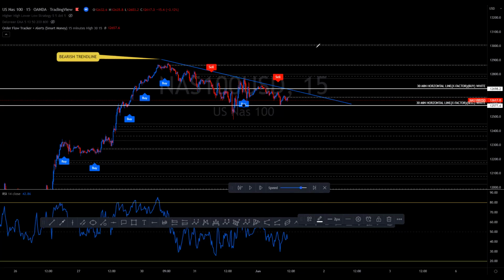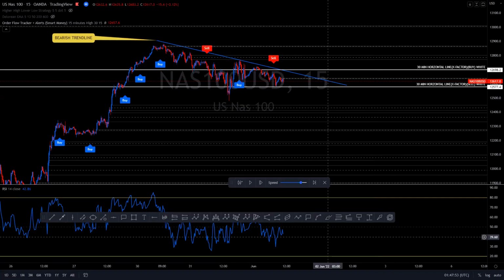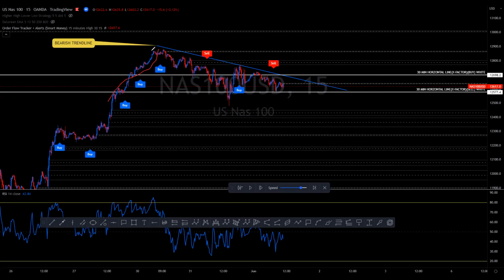When you analyze what the market did with this previous move, it caused a lot of imbalance of price. Imbalance of price basically means that when the institutions put these orders in, they make a lot of money with these orders, but they also leave a lot of other orders unfilled.